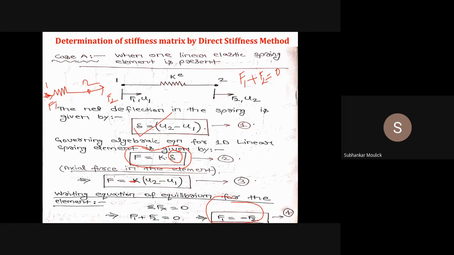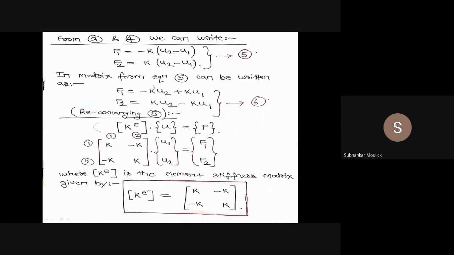If you put a minus sign, then F1 will become minus K into U2 minus U1, or I can write it as K into U1 minus U2. Yes or no? Yes, sir. Fine. So F1 is minus K into U2 minus U1, or K into U1 minus U2, and F2 is K into U2 minus U1.